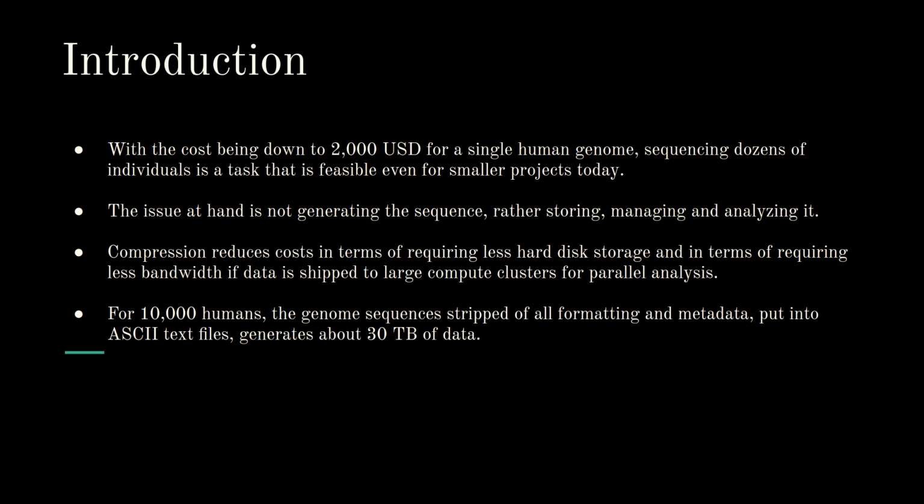But if we include the metadata, as in the history of the genome sequence, how each base pair was sequenced, that sums up to about 20 times the size required. That's about 600 TB. And sometimes the extra data goes to around 30 times as well, so that would be about 1000 terabytes of data. That is a very huge amount, so we would look into ways to tackle the problem.